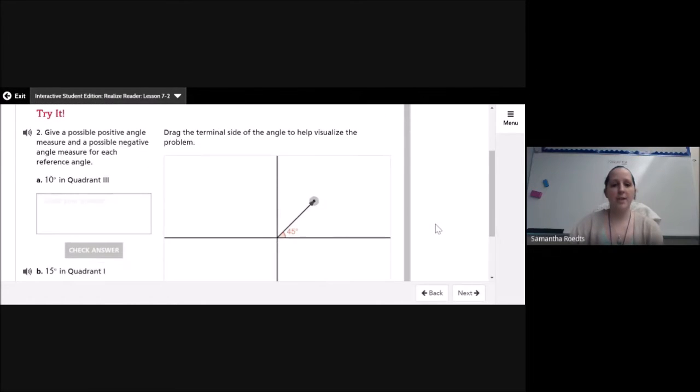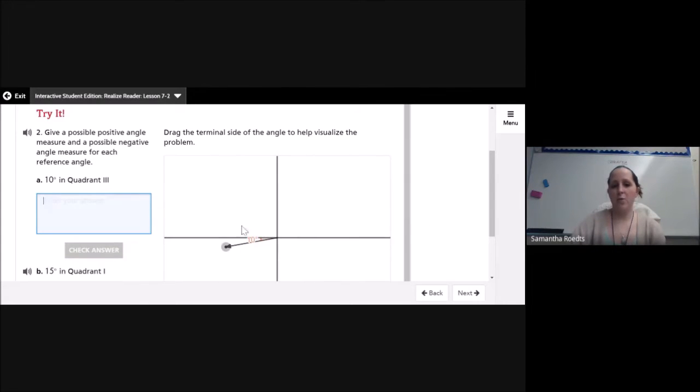All right, let's try it. Give a possible positive angle measure and a possible negative angle measure for each reference angle. A is 10 degrees in quadrant 3. Okay. So quadrant 3. Here's my reference angle of 10 degrees.